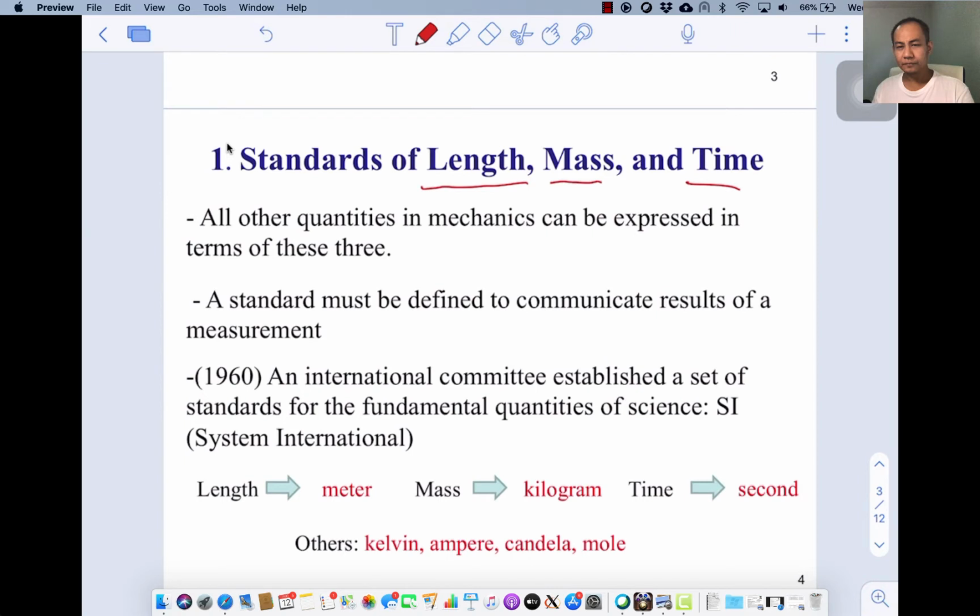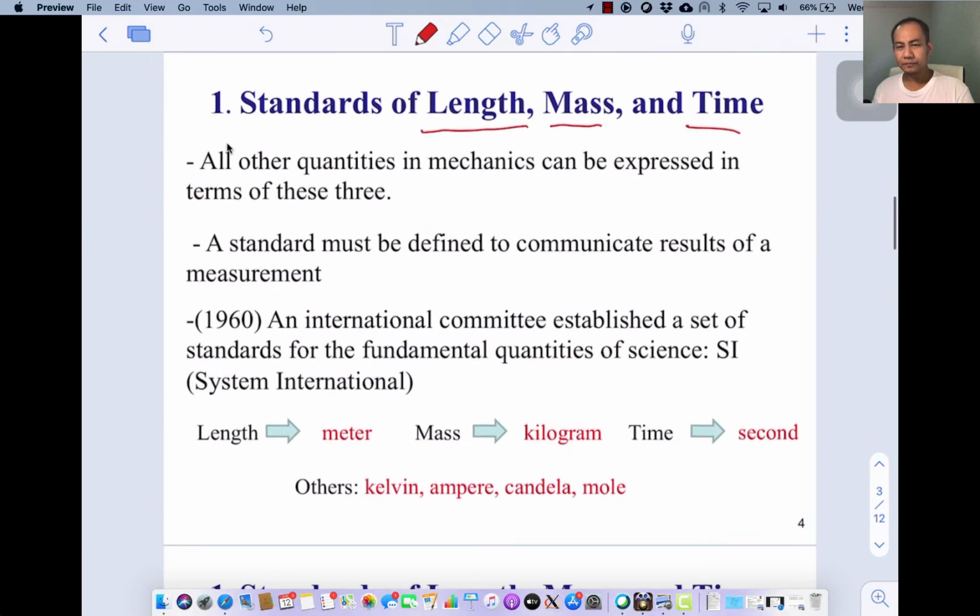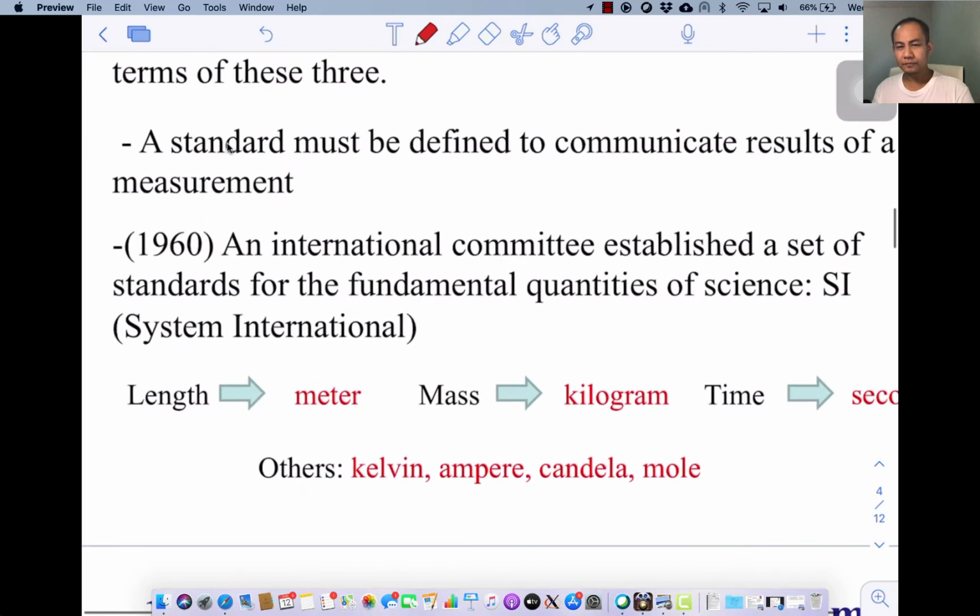It should be 5.2 centimeters, or 5.2 inches or 5.2 meters. So we need the unit, otherwise the number we got from the measurement is meaningless. In this case, for length, we have the unit in meters.